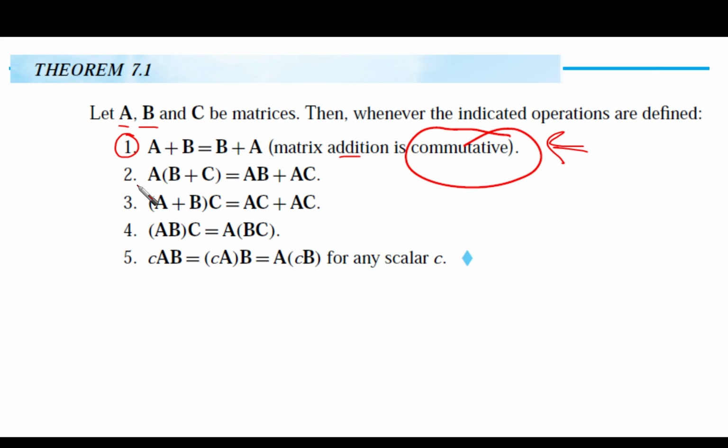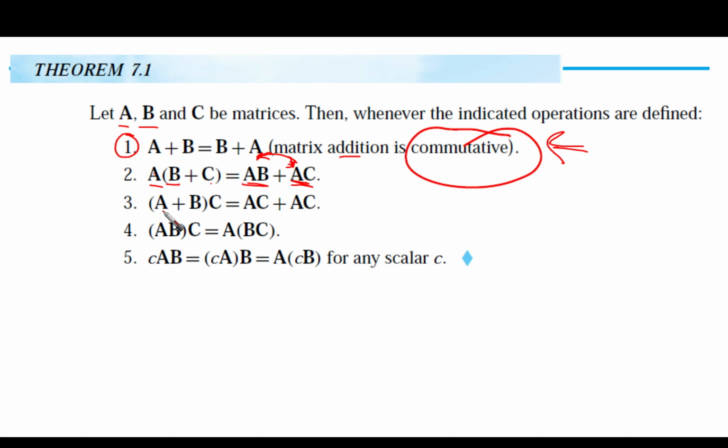Okay, and if we have A times B plus C between parentheses, this means that matrix A times B, AB, plus matrix A times C. It works like this: AB plus AC.